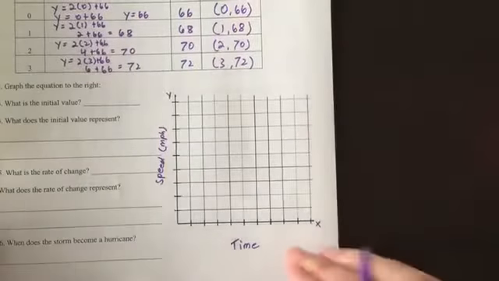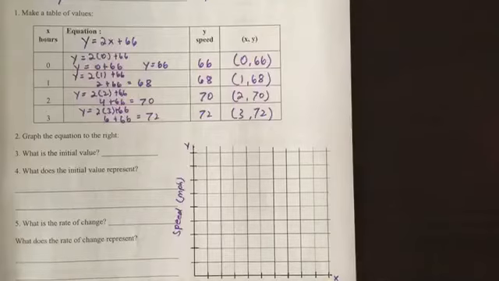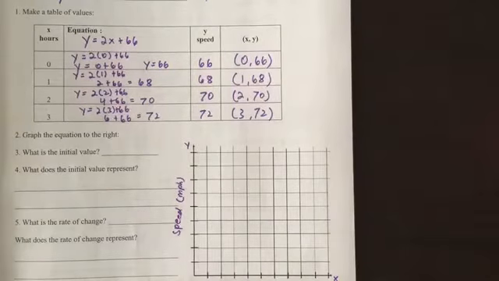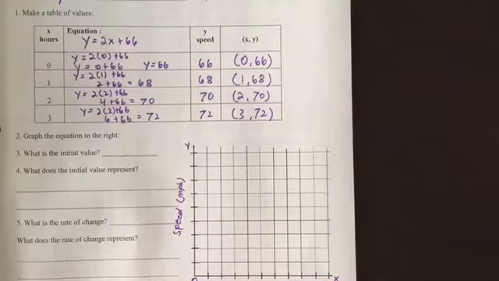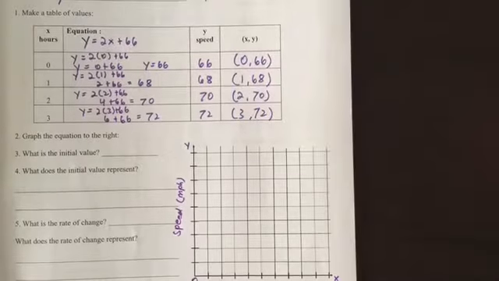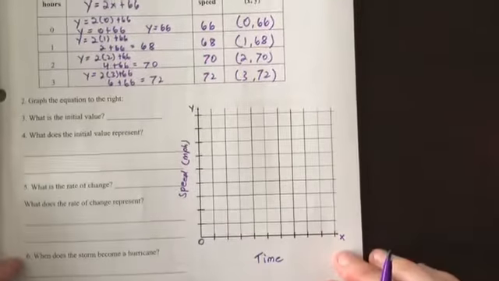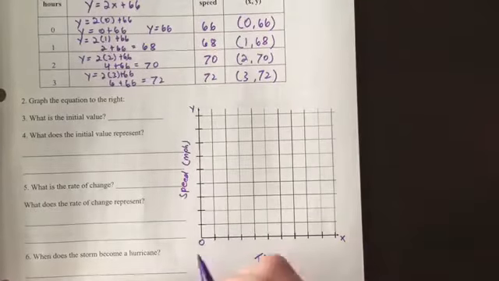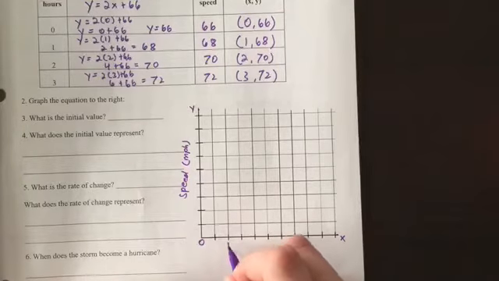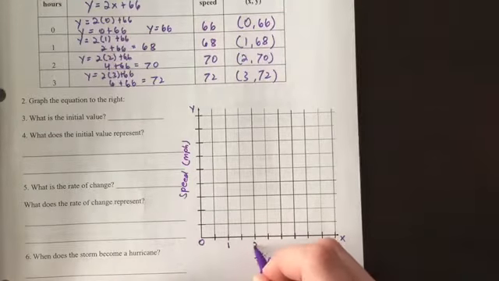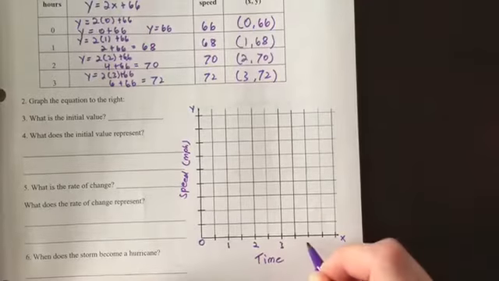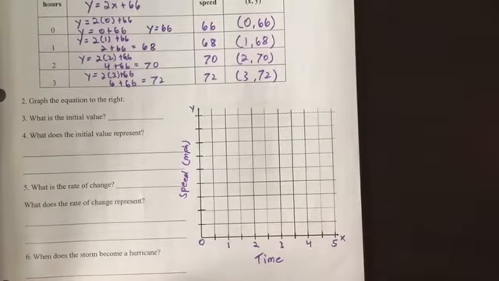And we have to come up with a nice scale for both of our axes. We know we start at 0 here, and then we've got some options. We can go by ones, we can skip a line. I'm going to suggest we skip a line and go by ones for our time: 2, 3, 4, and then 5. And notice how I'm writing it in line with the line.